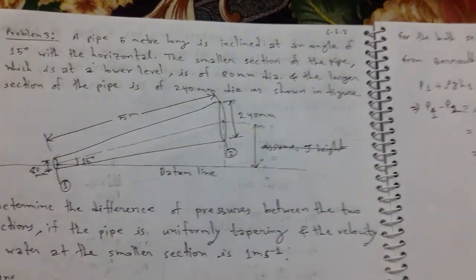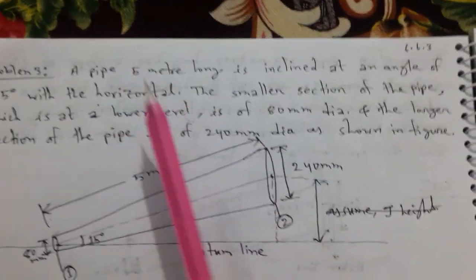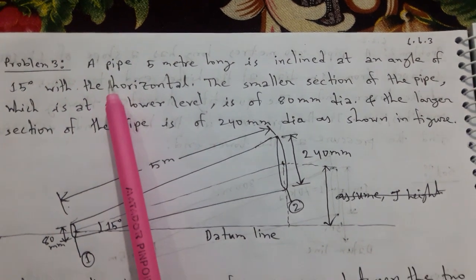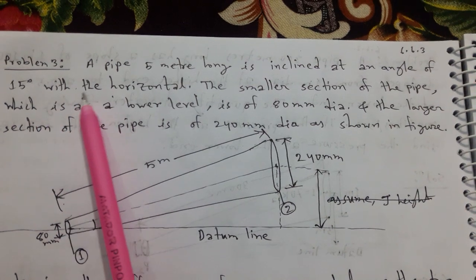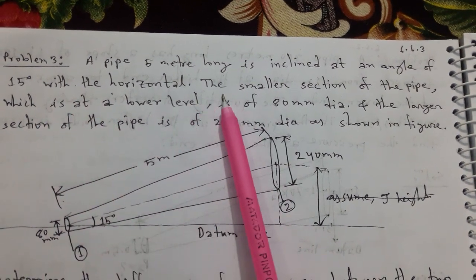Let's see another math problem. A pipe 5 meter long is inclined at an angle of 15 degree with the horizontal.